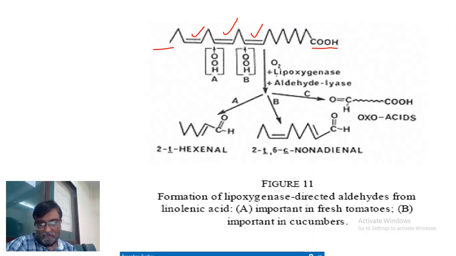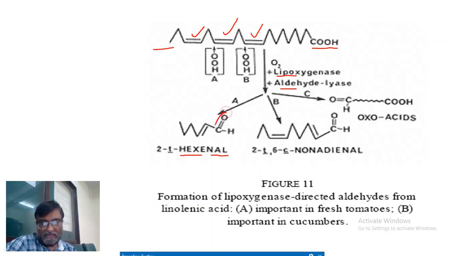So you are well aware of the lipoxygenase enzyme. You are well aware of the aldehyde type of substances, right? So that is actually breaking down these fatty acids into hexanal. Hexanal, with the -al ending, is an aldehyde. Hex means 6.